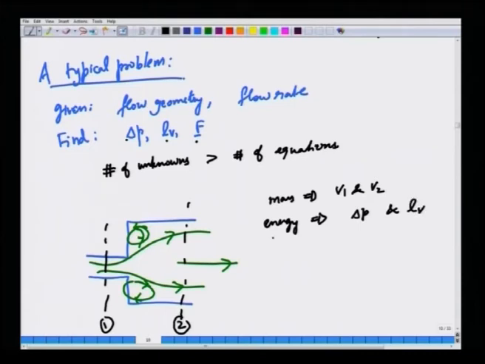But the momentum balance has an unknown, the force. That is also an unknown. So, mass balance simply relates V1 and V2. So, given V1 we can find V2. That is the only job of mass balance. We have two equations, but three unknowns.